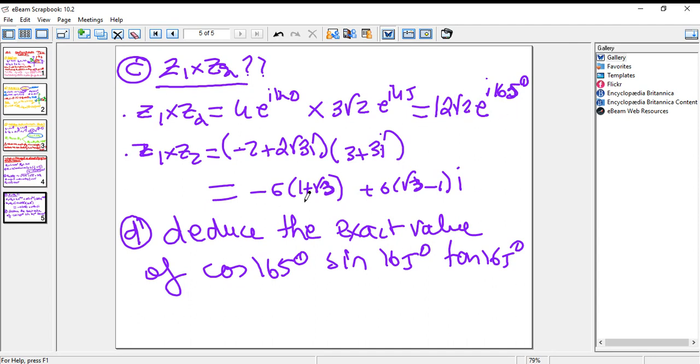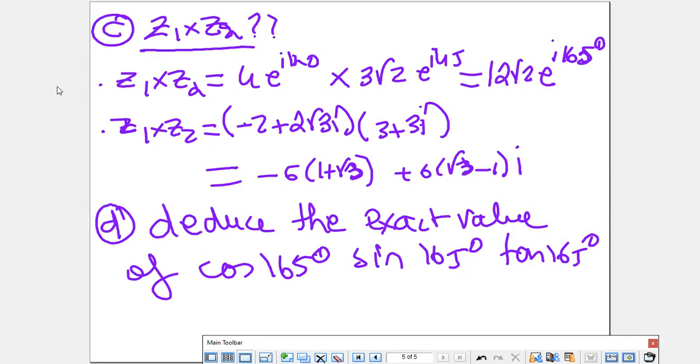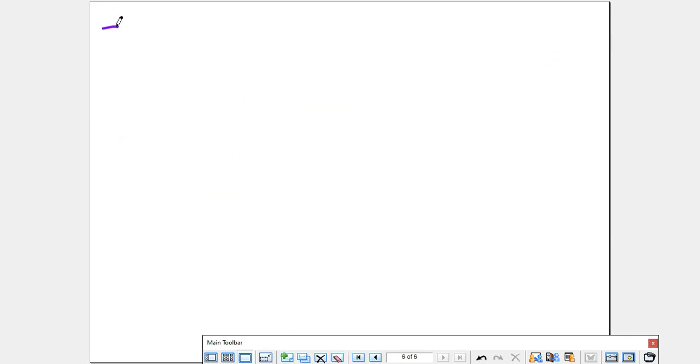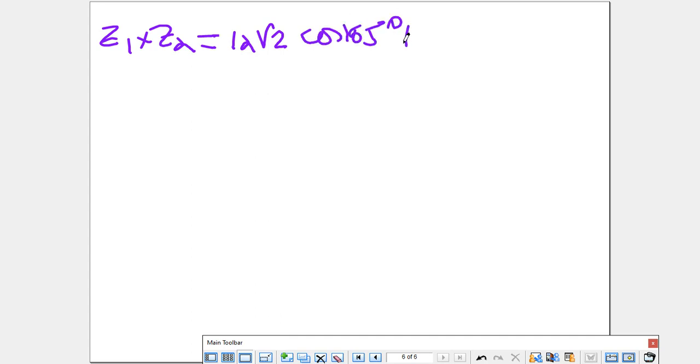I'm going to compare the real equal to the real, so it's going to give me the cosine. Imaginary equal to imaginary is going to give me the sine. And then sine over cosine will give me the tangent. So let's do it. All we need to do is compare, because in the polar form, z1 times z2 will be equal to 12 radical 2 cosine 165 plus 12 radical 2 i sine 165.